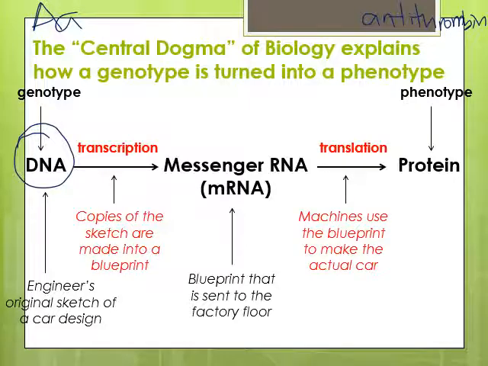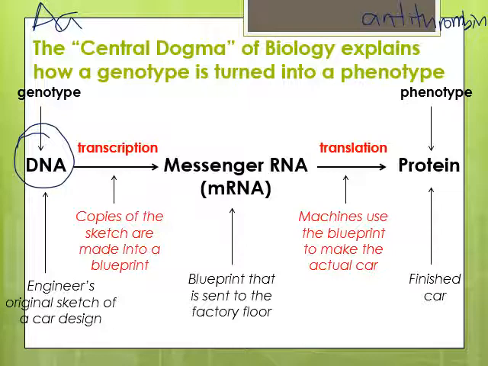Translation is basically these machines using that blueprint to make the actual car. So now they're translating those instructions into something real, into something that can happen step by step. And then the final product, or the protein, which is the phenotype, again, we may see it, we may not, that's the finished car.